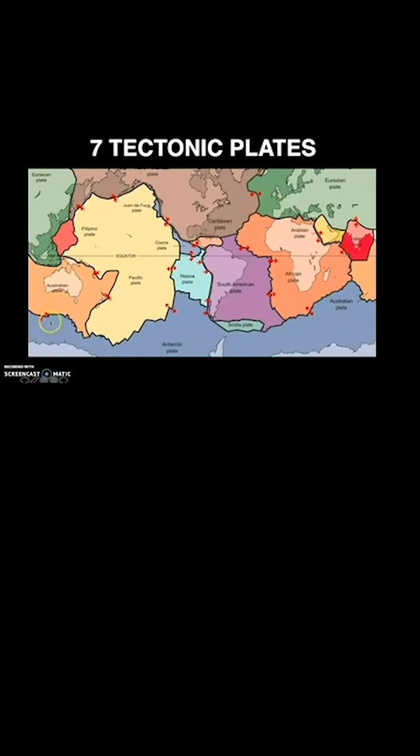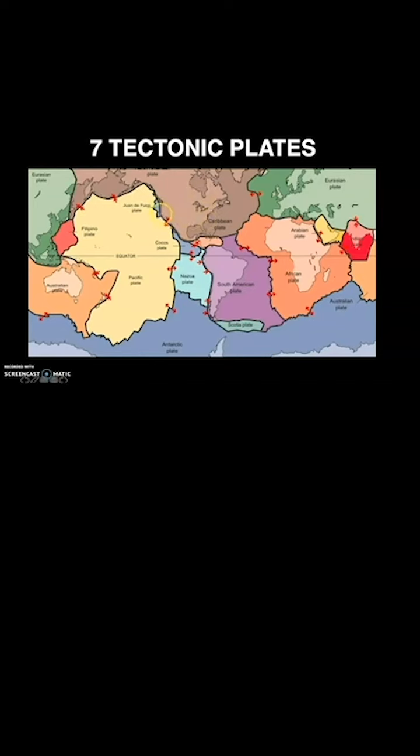So here are the 7 tectonic plates that cover the Earth. If we look at this Pacific plate right here, it covers the Pacific Ocean, and the North American plate is over here that includes North America.